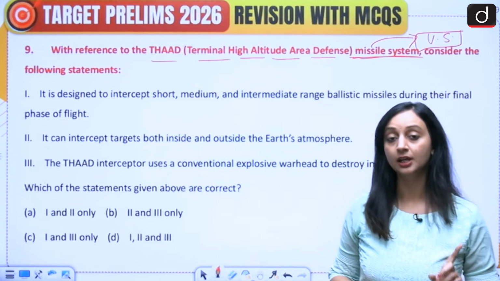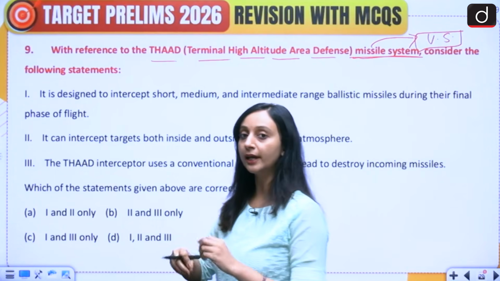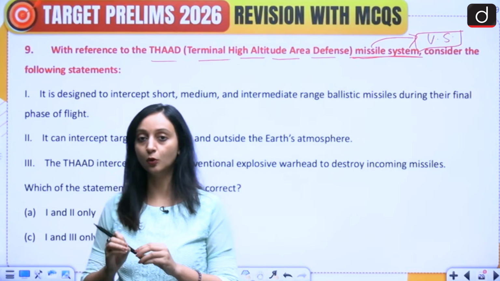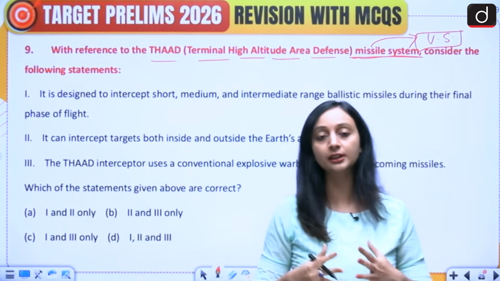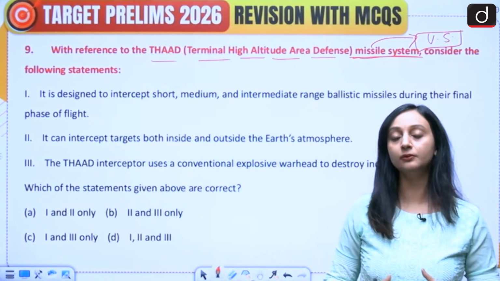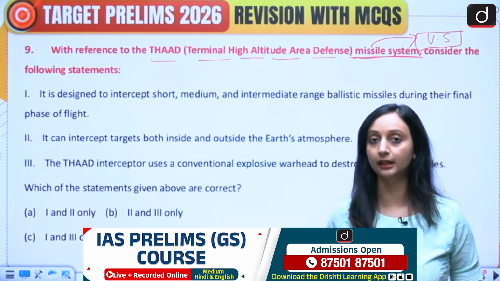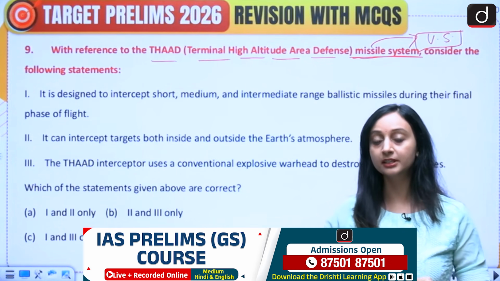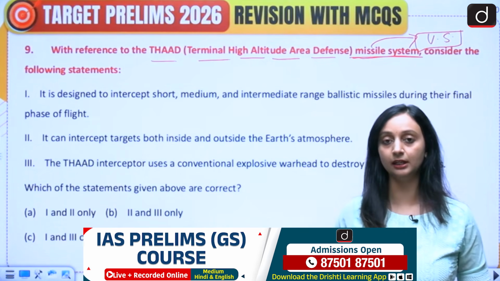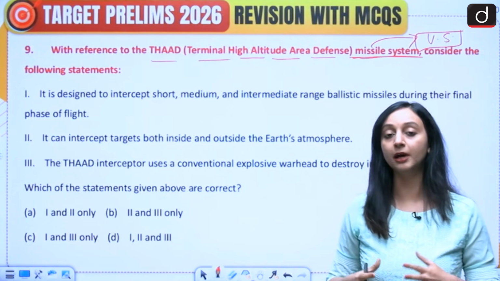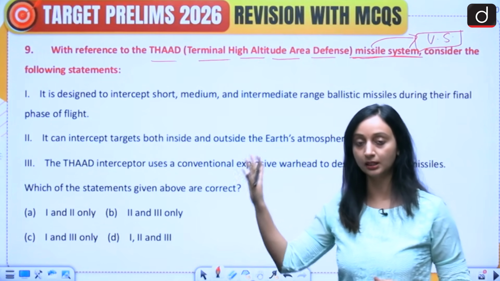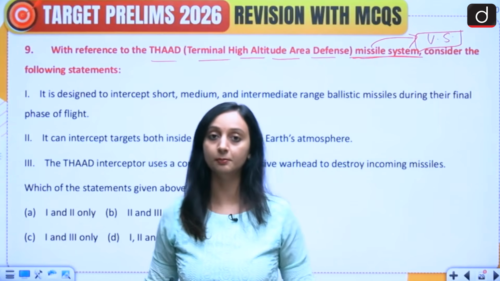And to destroy the missile, no explosion takes place. There is a simple collision that happens, and the impact of that collision actually destroys the incoming missile. So no explicit explosion is taking place. It's an impact that is being created by the collision of this THAAD missile system and the incoming missile.